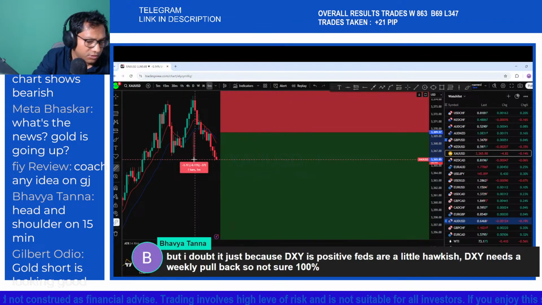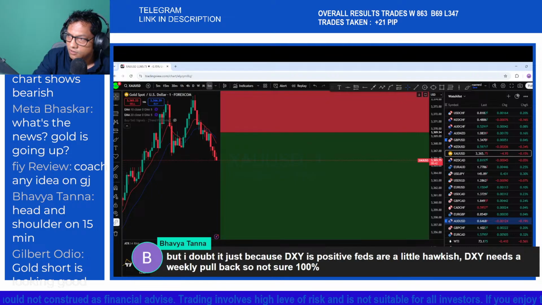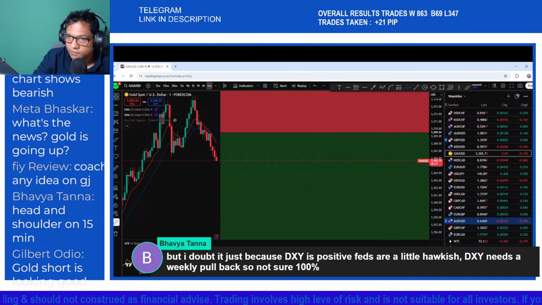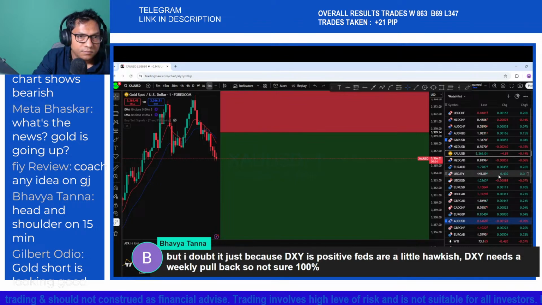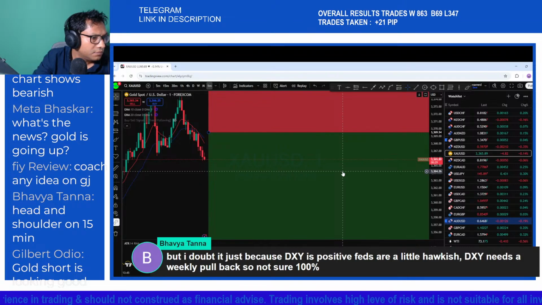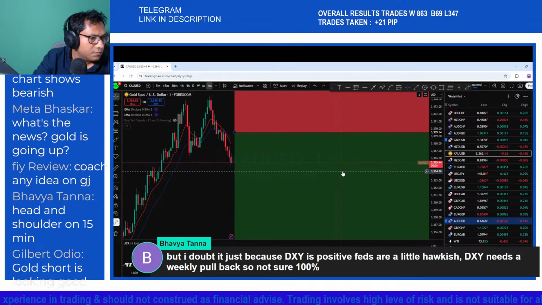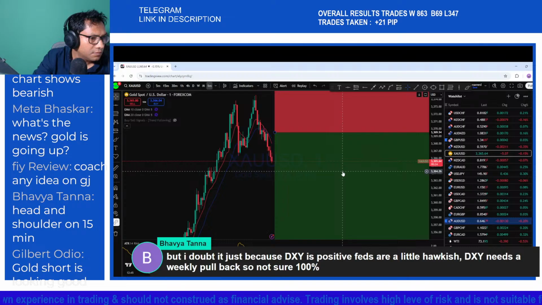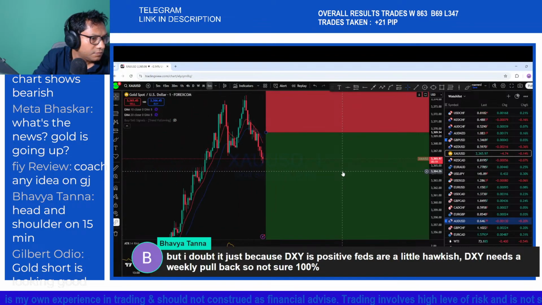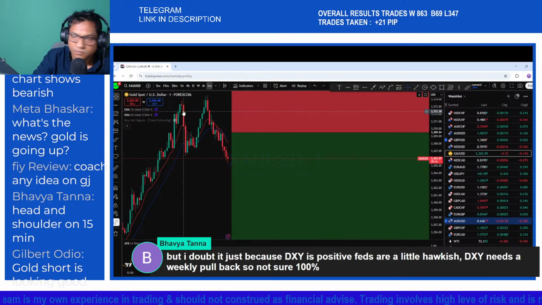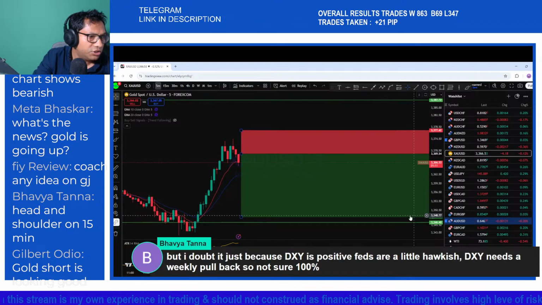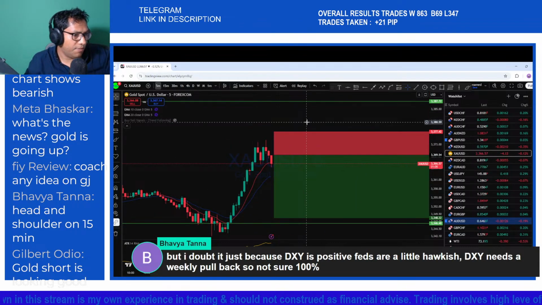We are running in around 38 pip profit here. Showing that bearish move possibly to come back further.